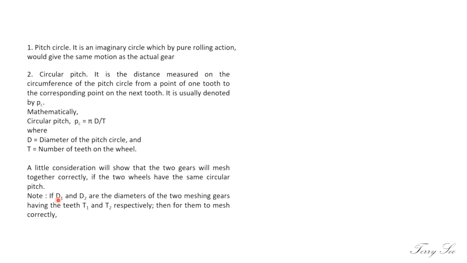Note that if D1 and D2 are the pitch circle diameters of the two meshing gears having teeth T1 and T2, so D1 and T1 belong to gear 1, D2 and T2 belong to gear 2, then the circular pitch of both gears must be the same in order to mesh correctly in place.